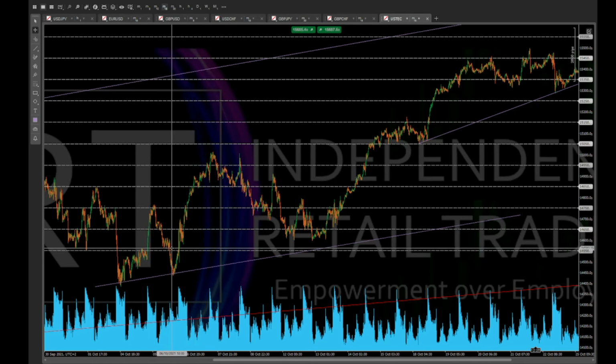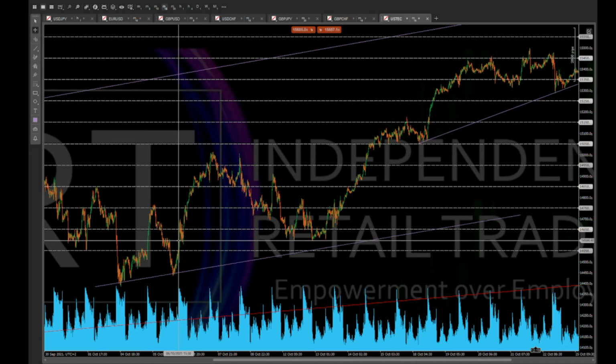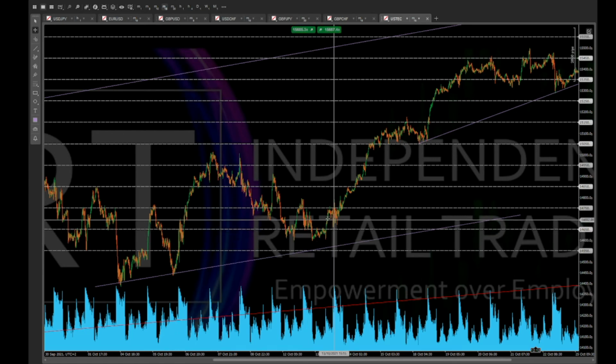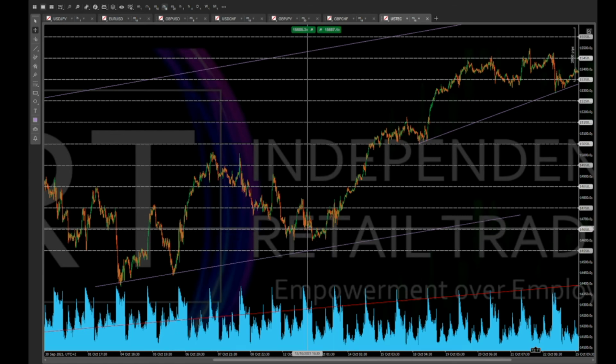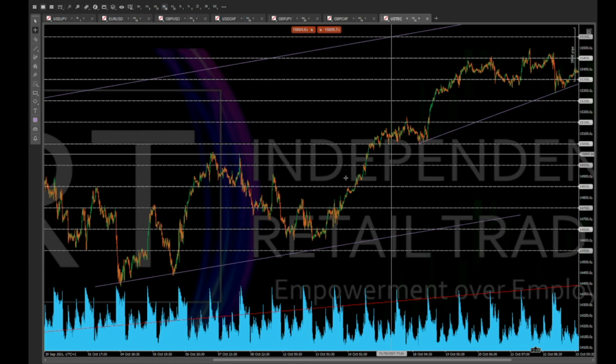By me saying this, you need to understand what the structure of the market is. So you can see a clear structure. They come and retest at this structure before the continuation.